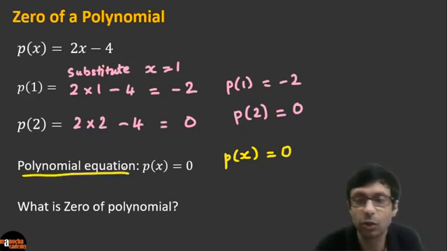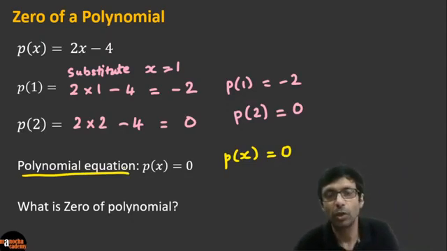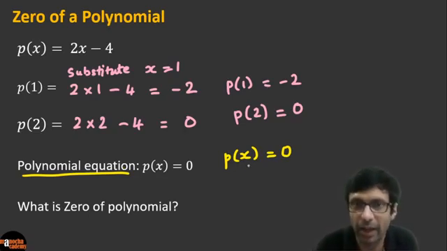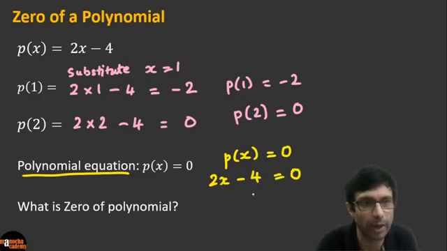This is called a polynomial equation because the polynomial is just the expression, 2x minus 4. But when you say it is equal to 0, an equation must have the equal to. So for example, 2x minus 4 equal to 0 is our polynomial equation for our example p(x) equal to 2x minus 4. Clear?